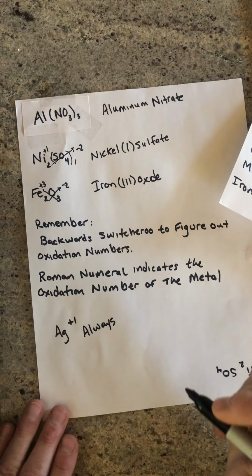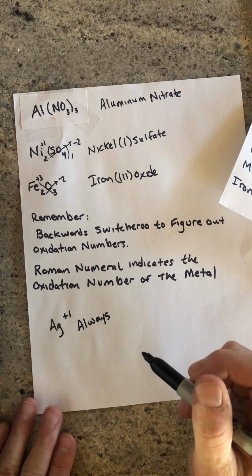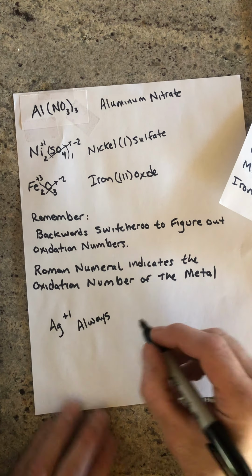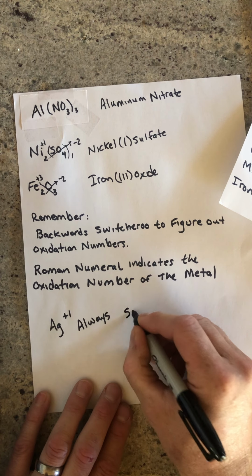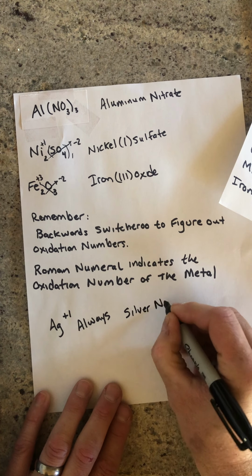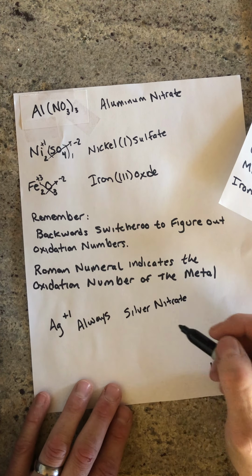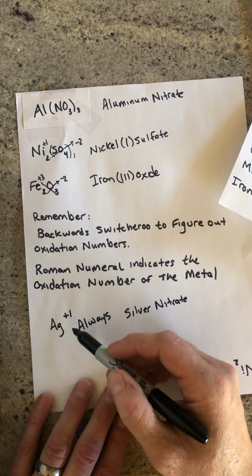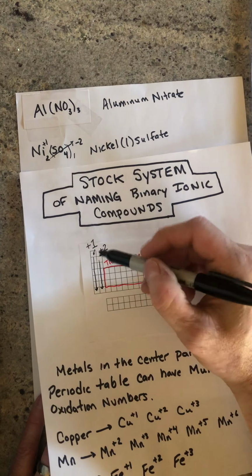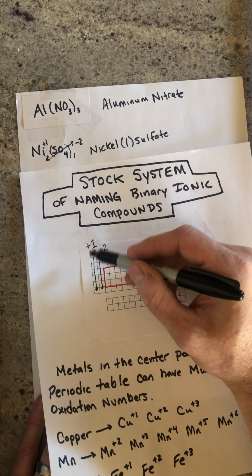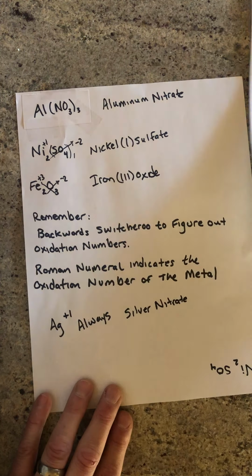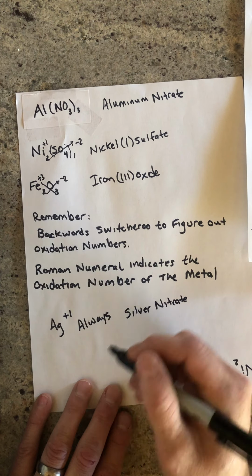And so a lot of times you'll see silver nitrate, for example, as a name of a compound. And you'll notice that there's no Roman numeral here, and that's for the same reason that we wouldn't use a Roman numeral for one of these +1 ions, we also don't use it for silver because it's always +1.